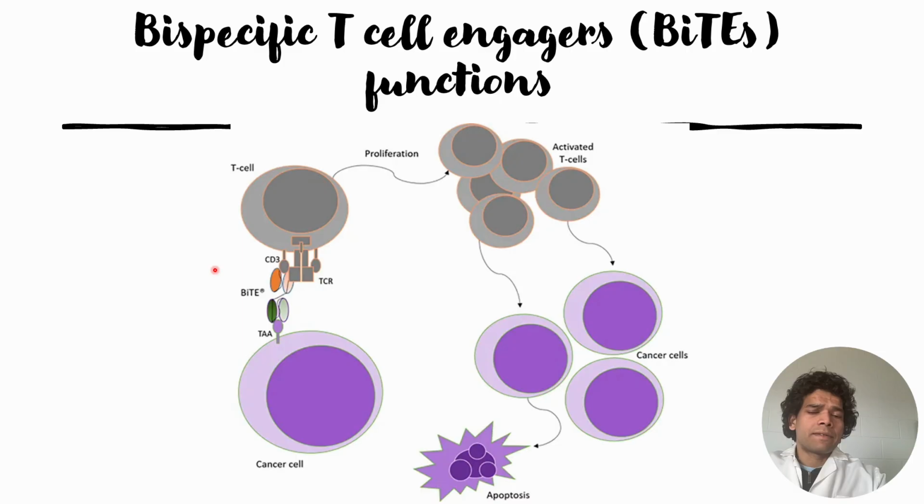But the problem arises in solid tumors. It is difficult to get T cells and cancer cells close to each other in solid tumors, because solid tumors at the higher stage generally have a tumor microenvironment, and this tumor microenvironment suppresses the activated T cells because of the change in environmental conditions caused by the cancerous cells.